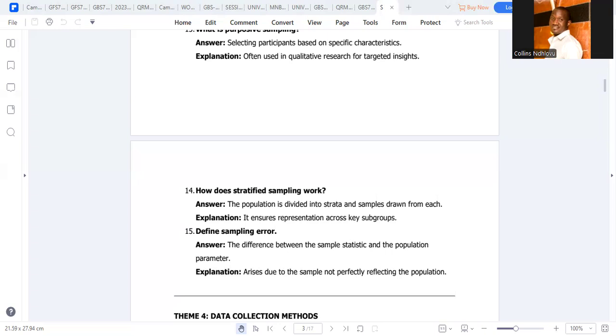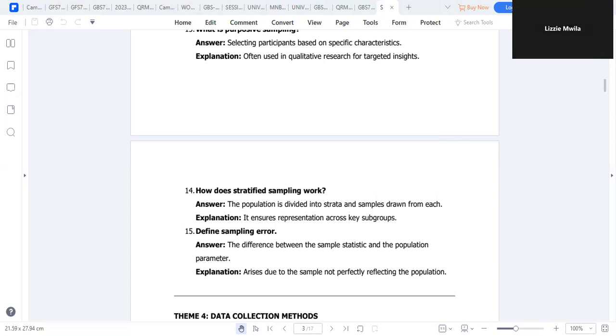For instance, the weight of a sample, 10 out of the entire class of 50. If you get the weight of those 10 only, you get 5 kgs. And the entire 50 is 10 kgs. So the difference between the actual and the sample is what we call sampling error. The difference between the sample statistic and the population parameter.